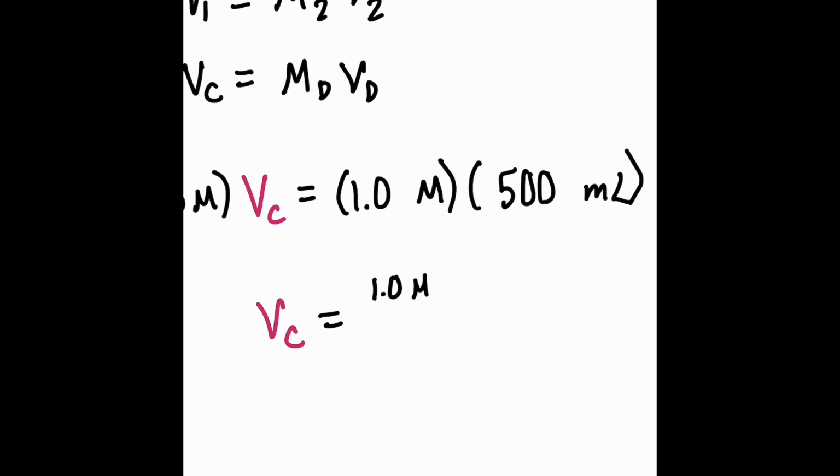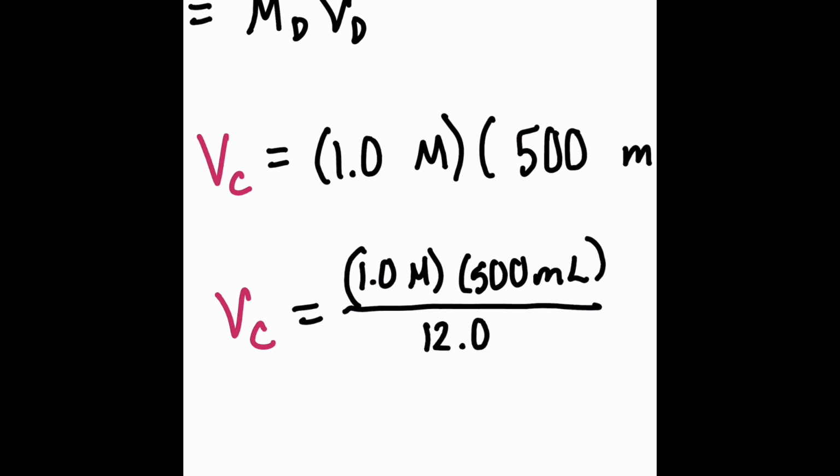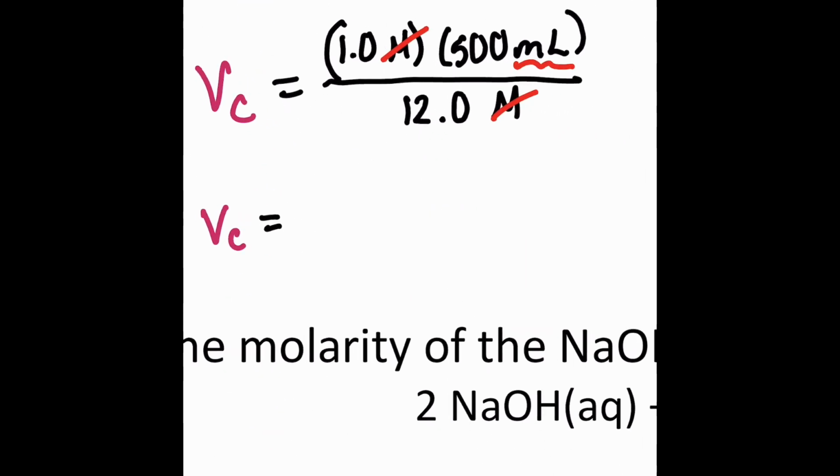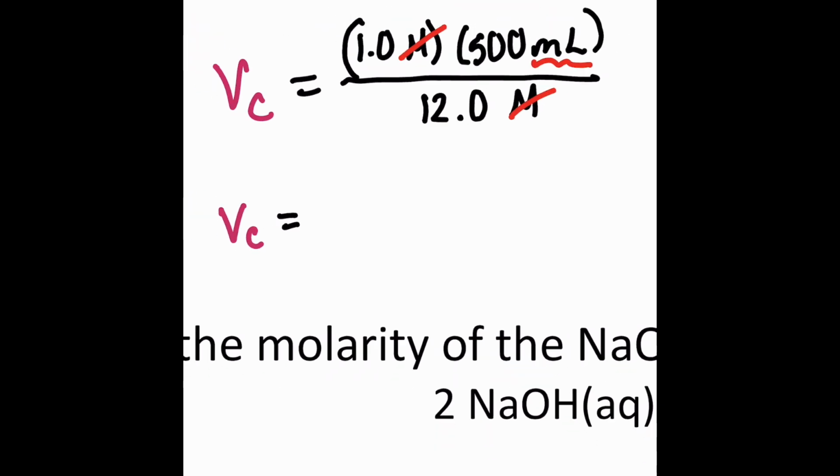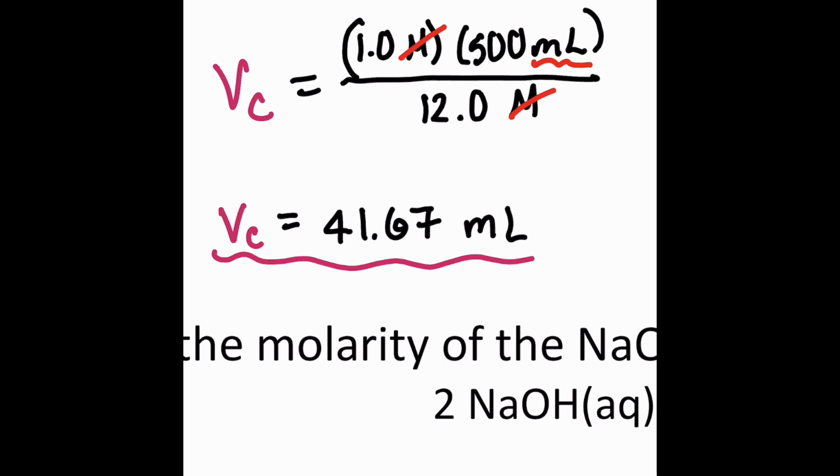We do 1.0 molar times our 500 milliliters all over our 12.0 molar. Then our units of molarity will cancel out and we'll be left in units of milliliters. So our VC will be equal to, just doing the quick math, 1 times 500 all over 12, and we are going to get 41.67 milliliters as our answer.